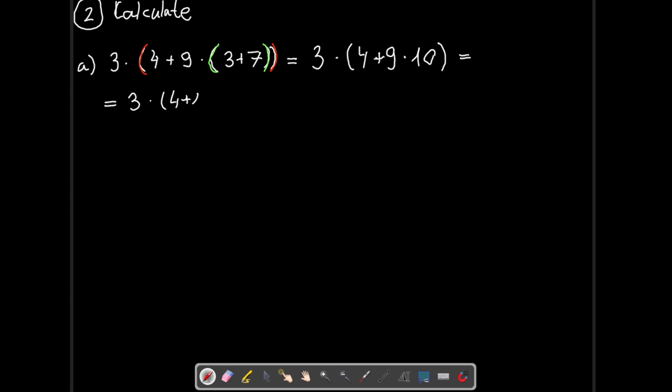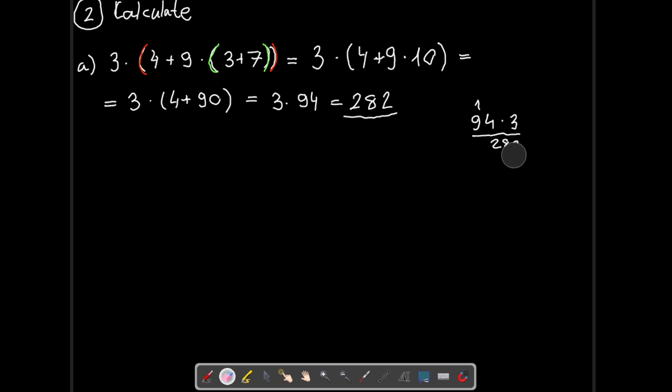Oops, 9 times 10 is 90. And let's add 4 and 90 together. And now we just need to multiply 94 and 3, which gives us 282. Great.